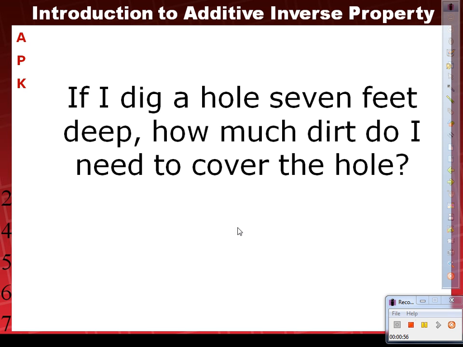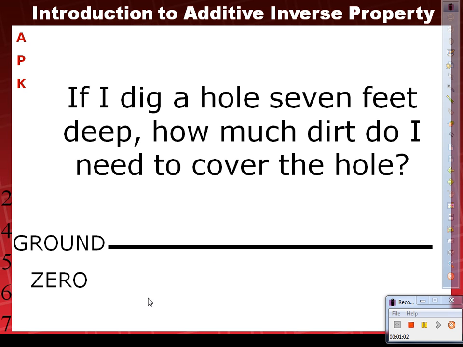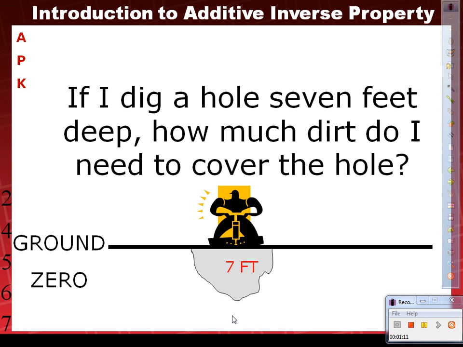So here's ground zero. Here's me, muscles and all. And I'm going to dig a hole that's 7 feet deep. If I dig 7 feet out, guess what I'm going to have here? 7 feet of dirt. That is correct.